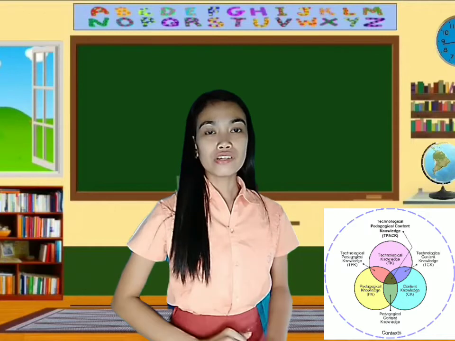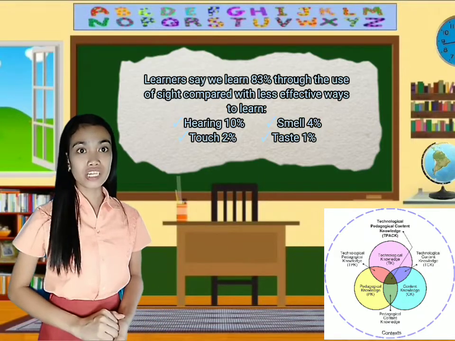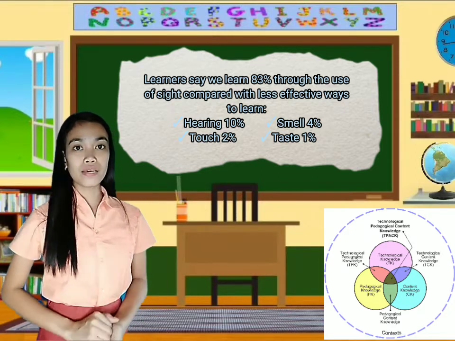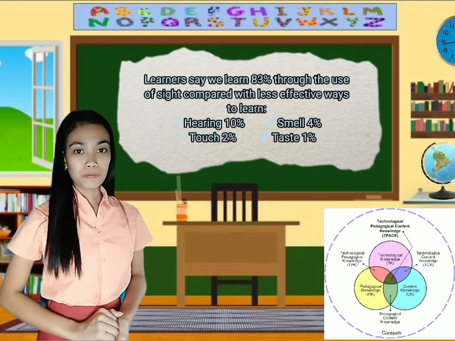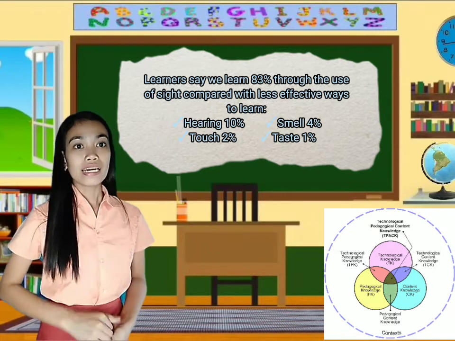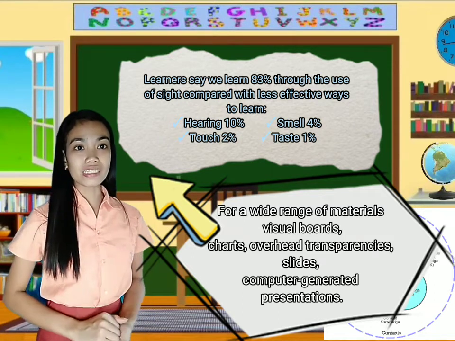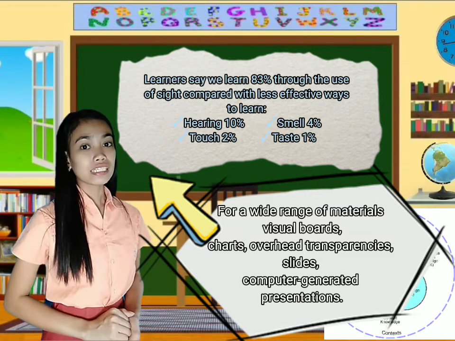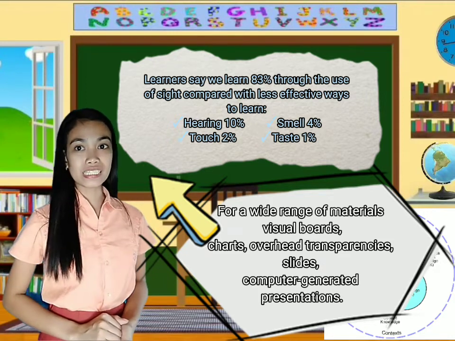Criteria for the use of visual aids: learners say they learn 80% through sight, compared with less effective ways to learn: hearing 10%, smell 4%, touch 2%, and taste 1%.